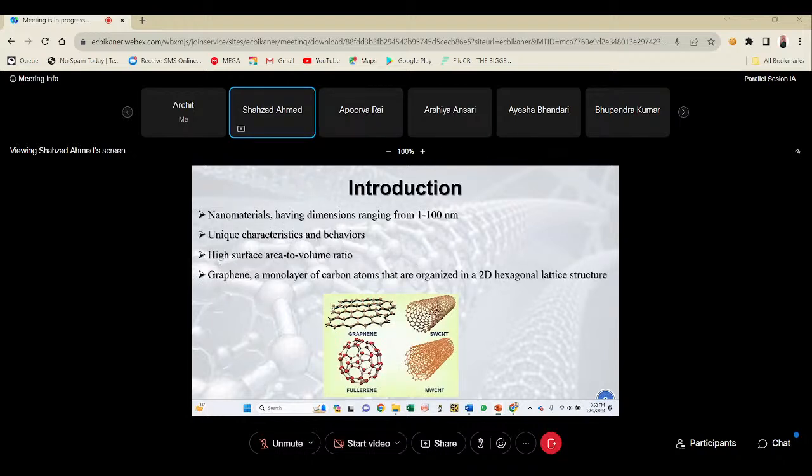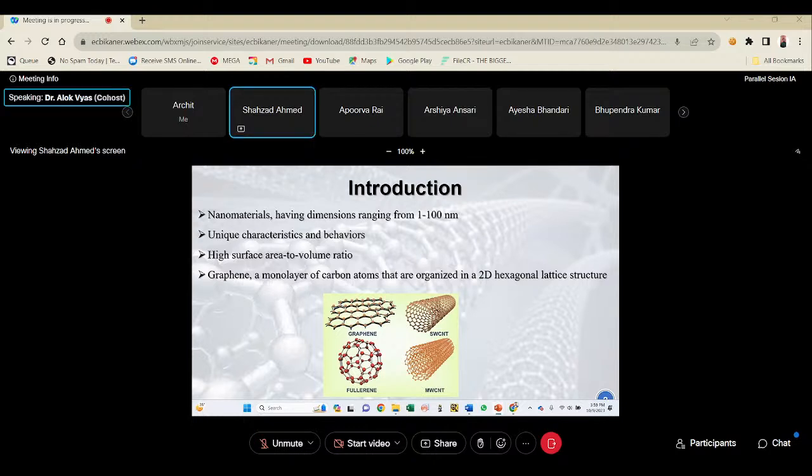So when we talk about nanomaterials, we mean materials whose size is below 100 nanometer. They have unique characteristics and behavior because they have a high surface-to-volume ratio, so they have various properties in terms of optical, electronic, and mechanical. Here are the different forms of carbon.